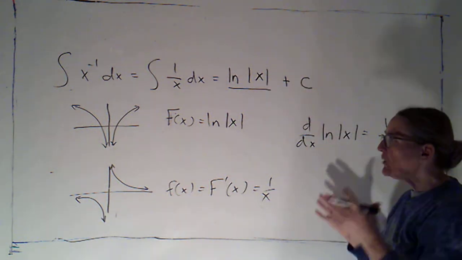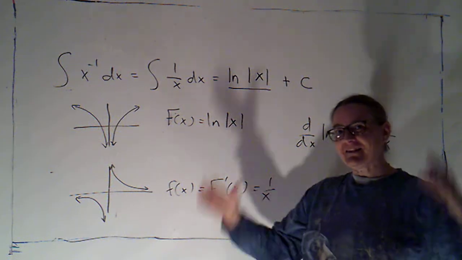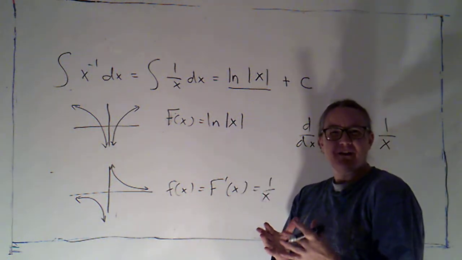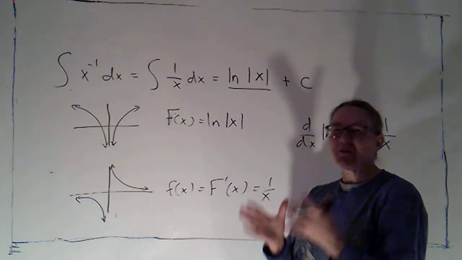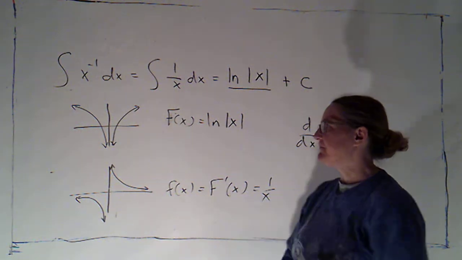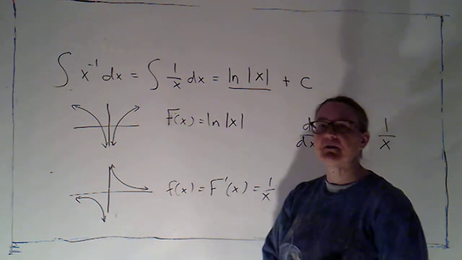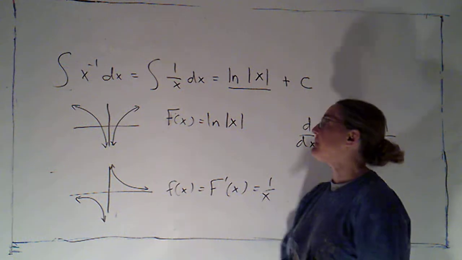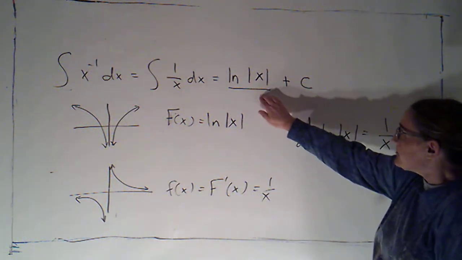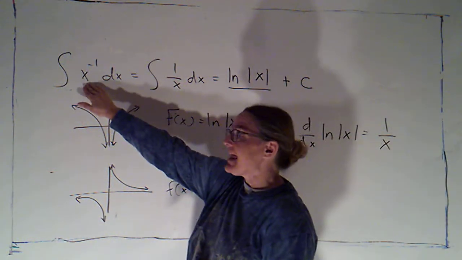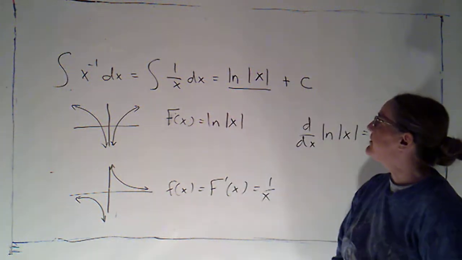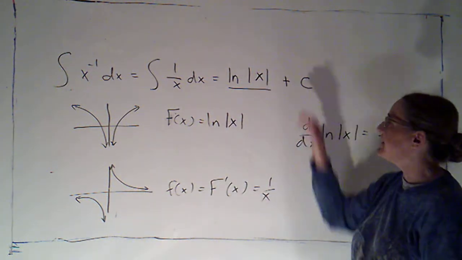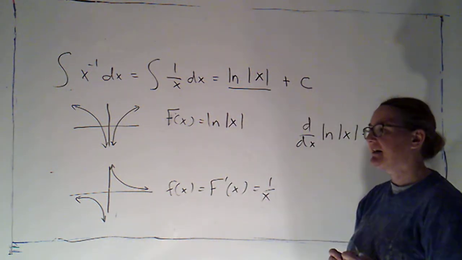I can't, when I integrate, get that the domain for my antiderivative is smaller than the domain for the derivative function. I need it to be an antiderivative for the whole thing. So that's what we do if our power is negative 1. The antiderivative of 1 over x is natural log of the absolute value of x plus c.